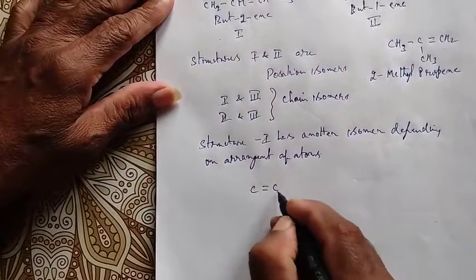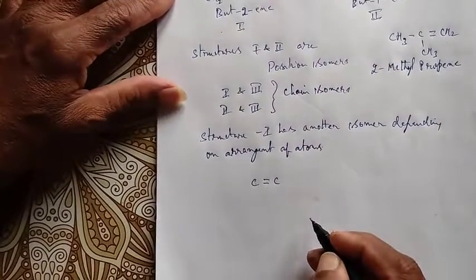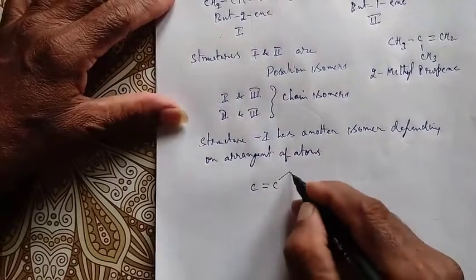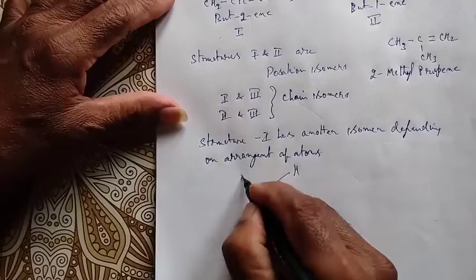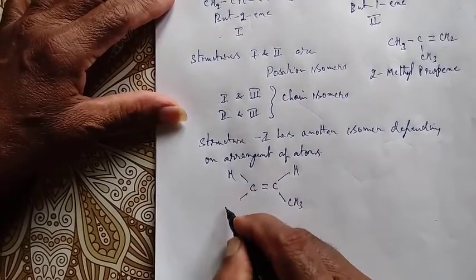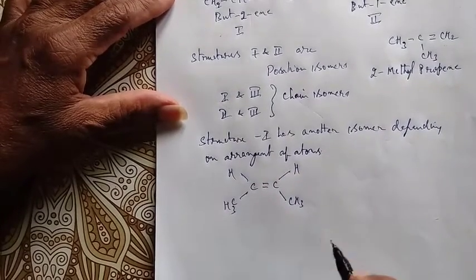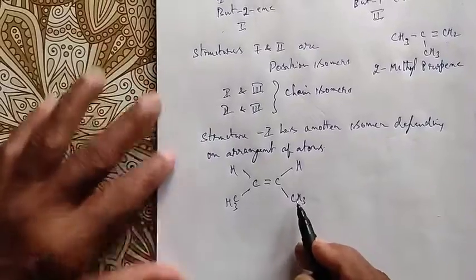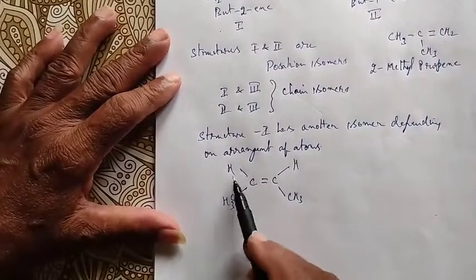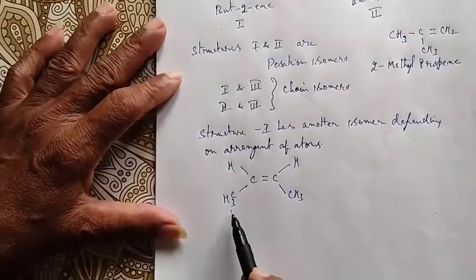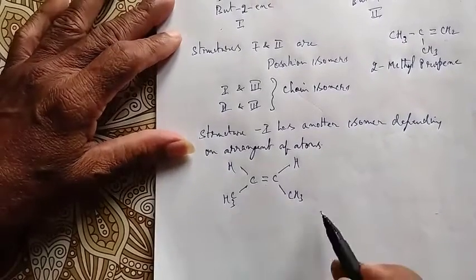See, this is a doubly bonded carbon atom. So this is hydrogen, and here this is a CH3. This is hydrogen, this is CH3. So this is one arrangement. Here hydrogens are atoms and CH3 are methyl groups of atoms.